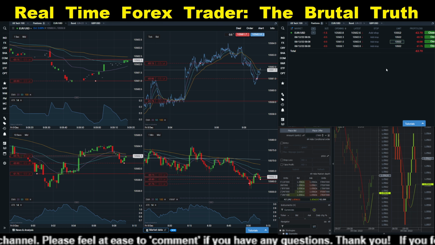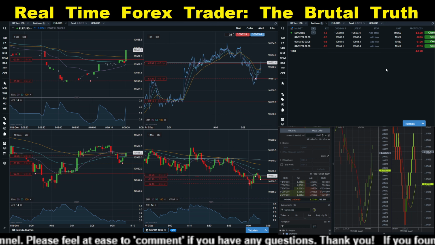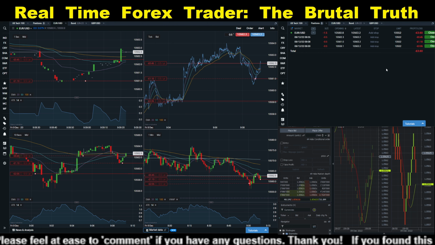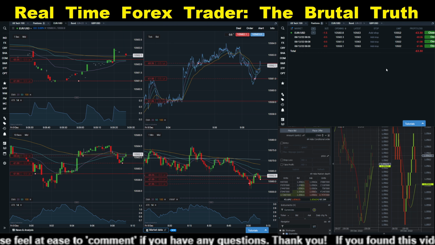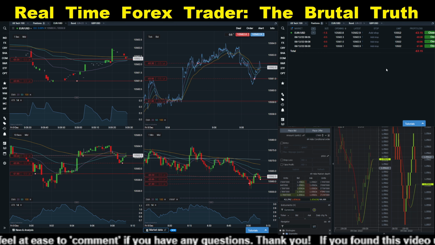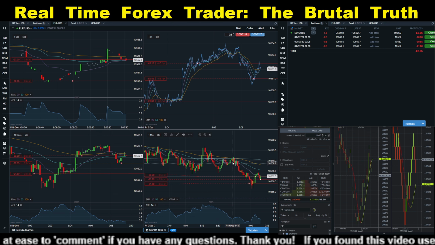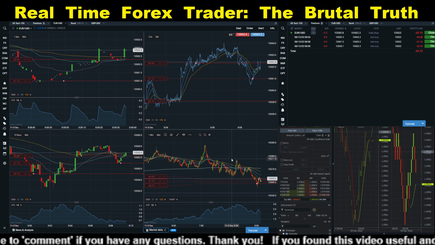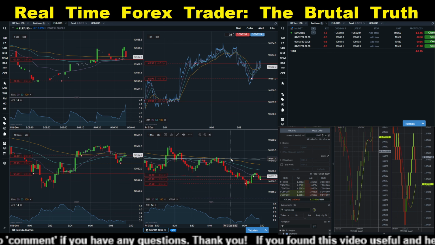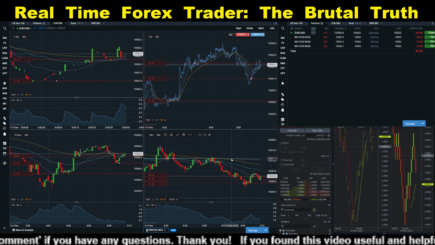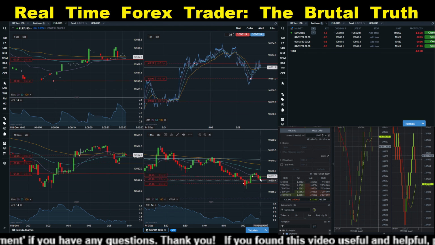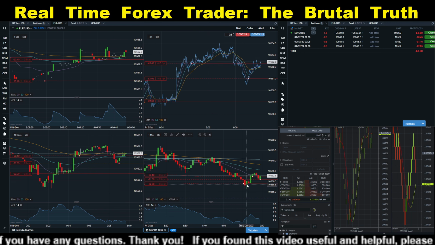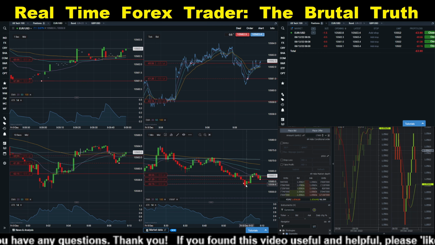And then would you believe it's pulled back a pip? Right, so we're looking for it to make new lows as well. We need to be careful here. We're selling right at the bottom of the market so far today.